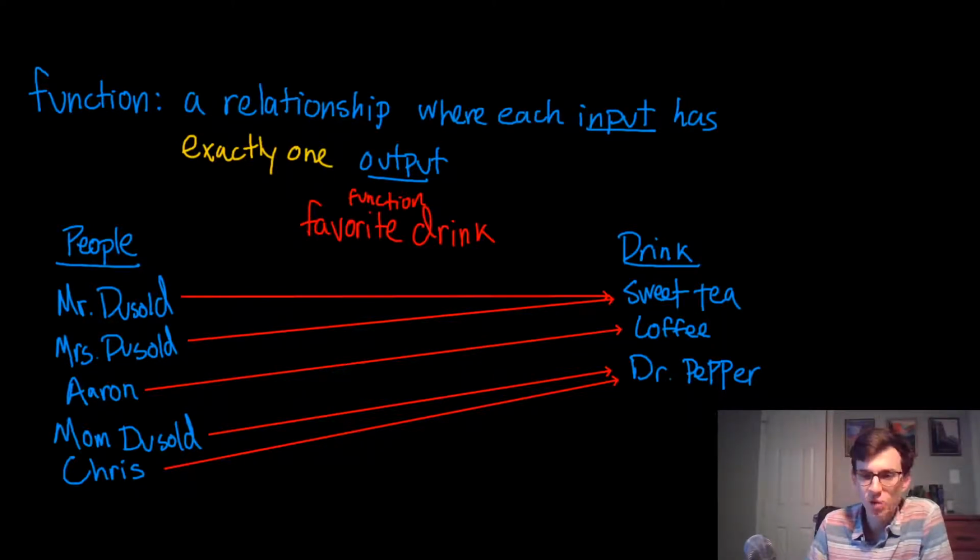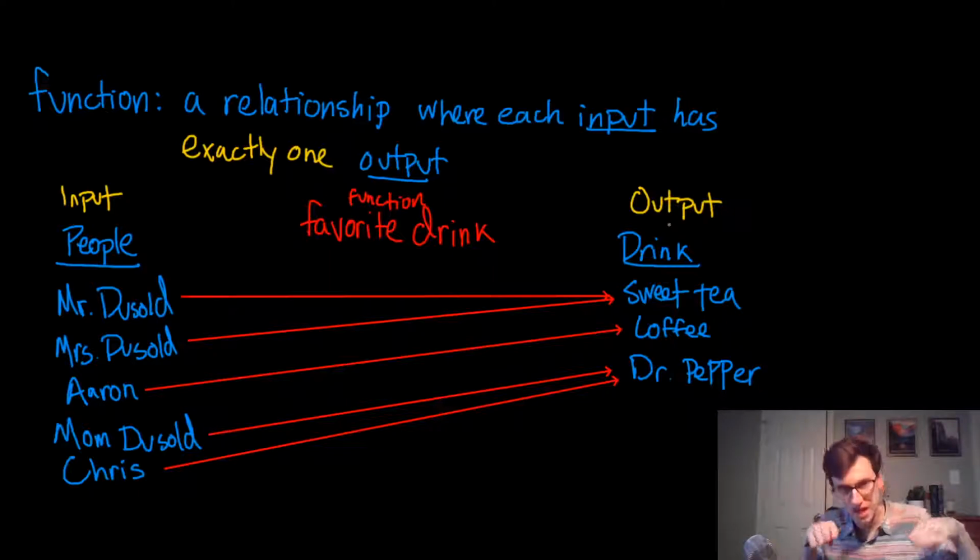So what we did was we mapped our inputs to our outputs. Over here, this is my input, and out here, this is my output. You put Mr. Dussault into the function, and out pops sweet tea, right? That's through this particular function.